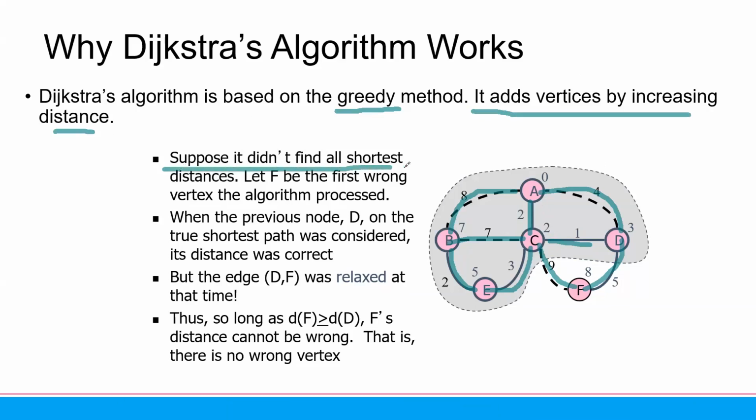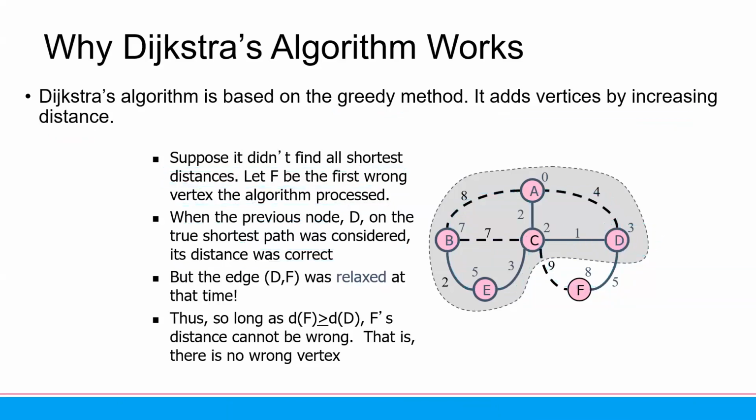Suppose it didn't find all shortest distances. So let, for example, F be the first wrong vertex the algorithm processes. When the previous node, D here, on the true shortest path was considered, its distance was correct.